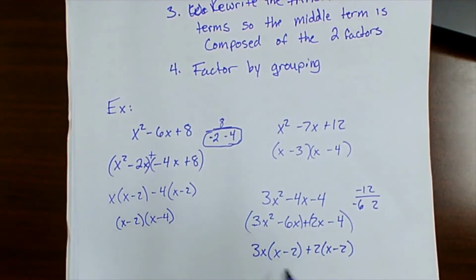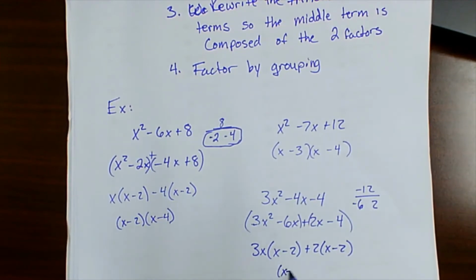And then we have the greatest common factor of x minus 2. And then we have left 3x plus 2, and we are finished. So as you can see, we could not just place the negative 6 and 2 in our set of parentheses. There was more to it.